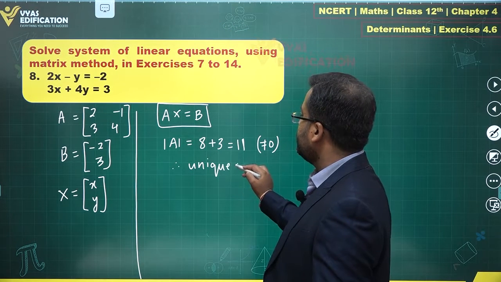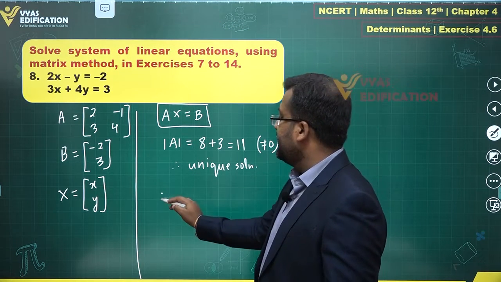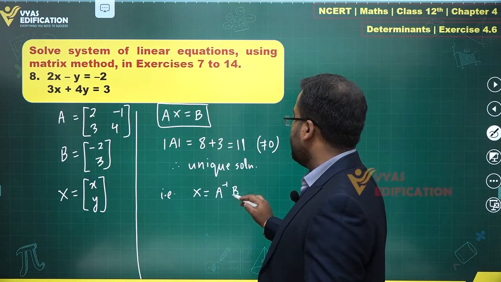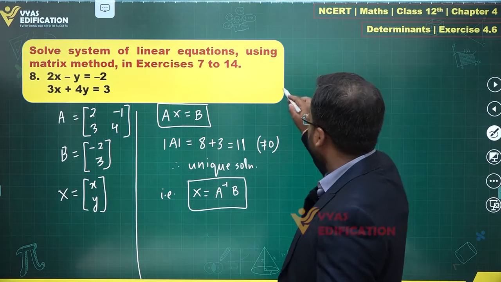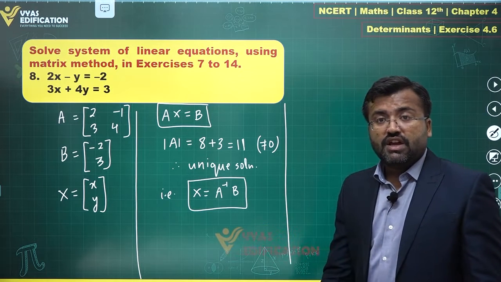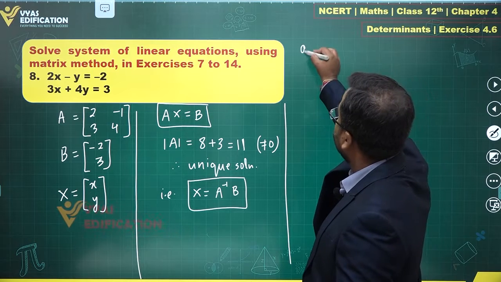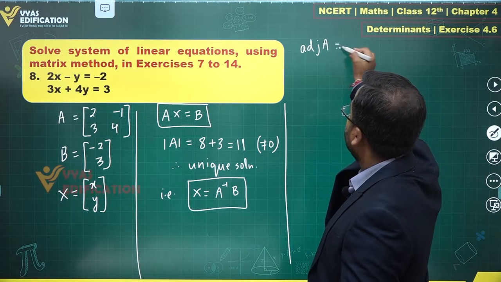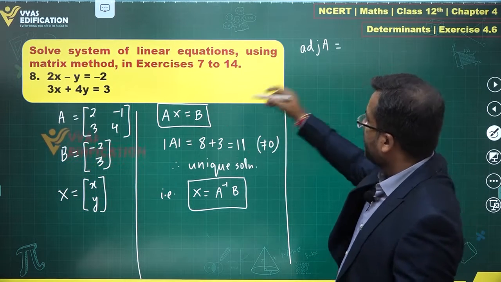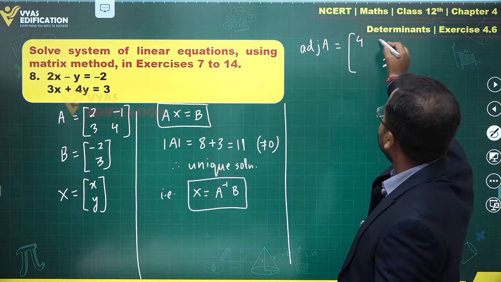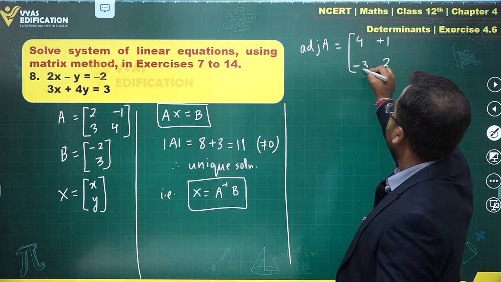And how will we find the solution? X equals A inverse B is the unique solution that we are looking for. And for finding A inverse, we need the adjoint of A. Let's find the adjoint of A. Adjoint of A will be equal to, you can interchange the elements along the main diagonal, 4 and 2. Introduce an extra minus, this will become plus 1, this will become minus 3.